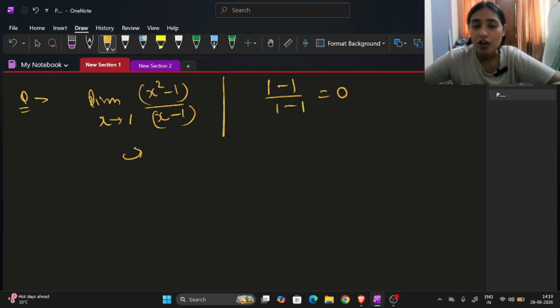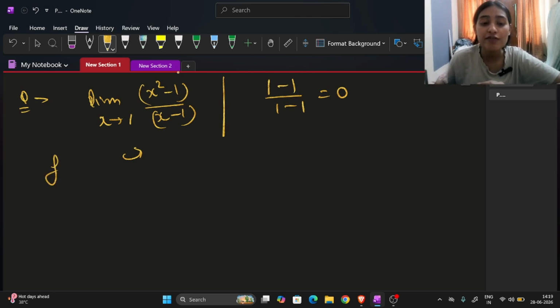When solving a limit, our main idea is that we don't want to get 0 over 0 as a solution. So whenever direct substitution gives us an undefined form, we use factoring.